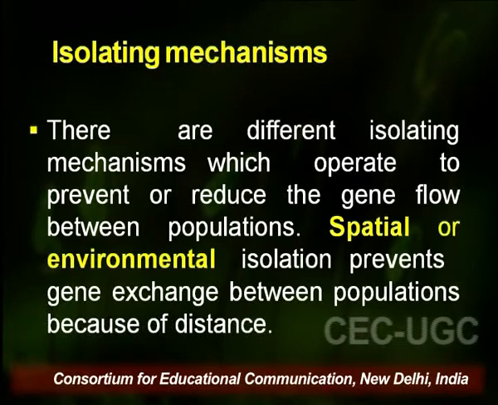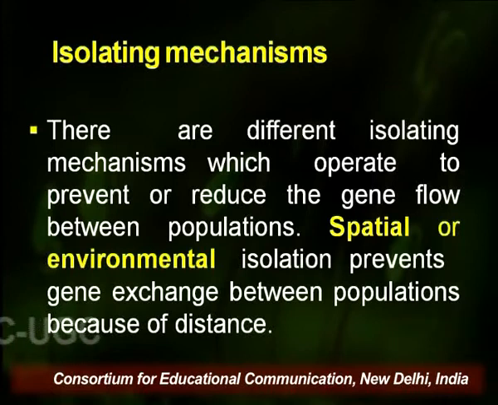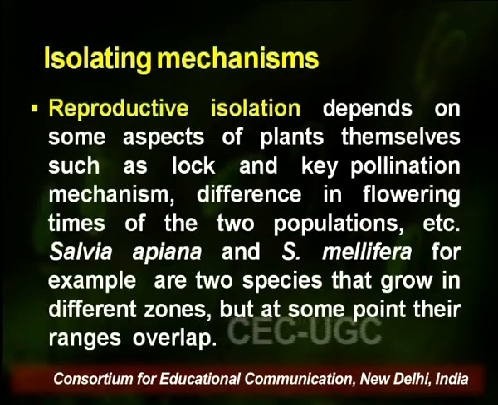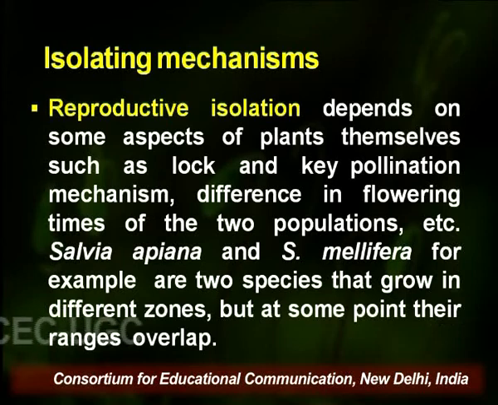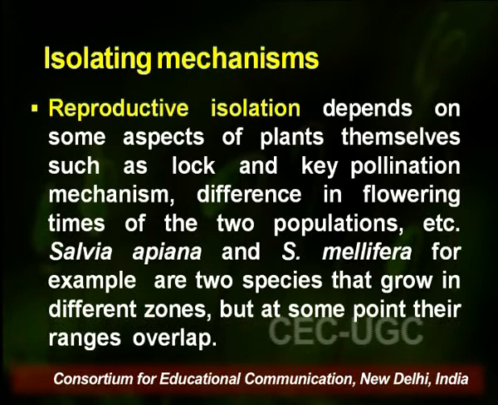Spatial or environmental isolation prevents gene exchange between populations because of the distance between them. Reproductive isolation depends on some aspects of plants themselves, such as lock and key pollination mechanisms, difference in flowering times of two populations, etc.